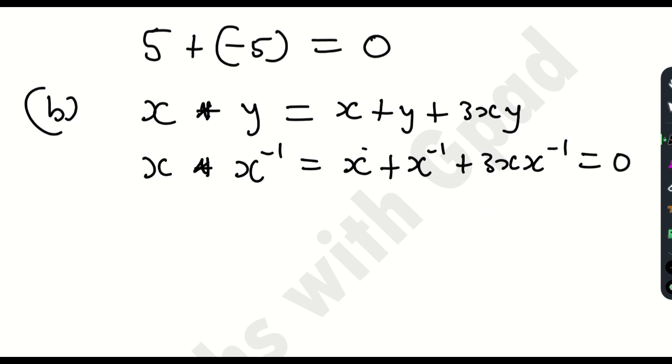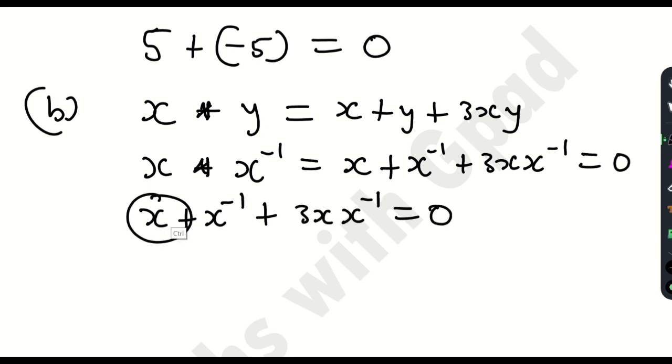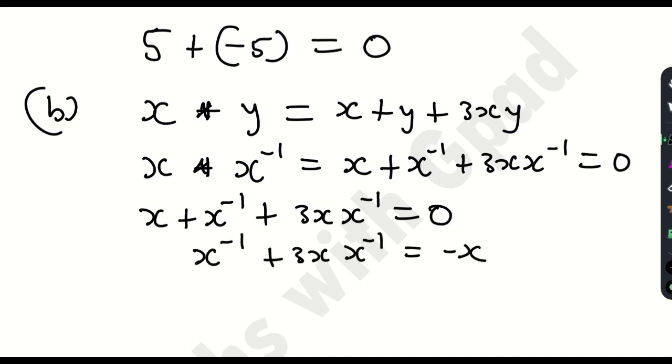So let me rewrite this first. x plus x inverse, plus 3x x inverse is equal to 0. Let's move x to the right hand side. We have x inverse plus 3x x inverse is equal to negative x.